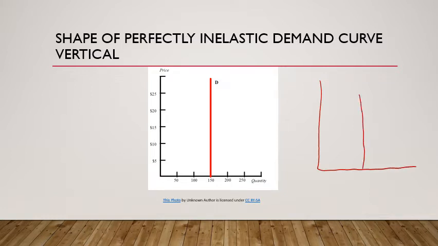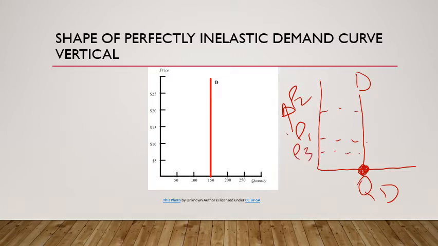All right. So this would be quantity demanded. So let's start with P1. At P1, what's quantity demanded? It's this quantity demanded here. If the company raises the price, what happens to quantity demanded? Does not change. If the company decreases the price, what happens to quantity demanded? It stays at QD.